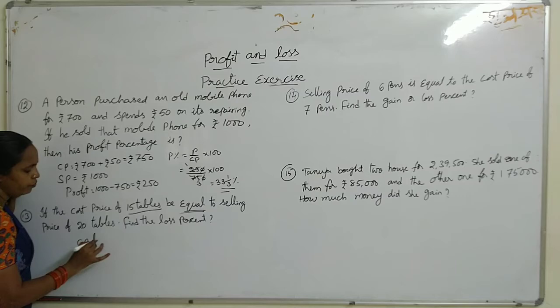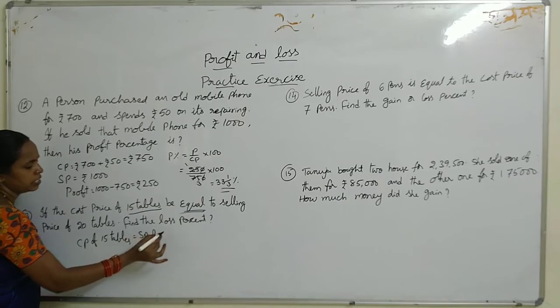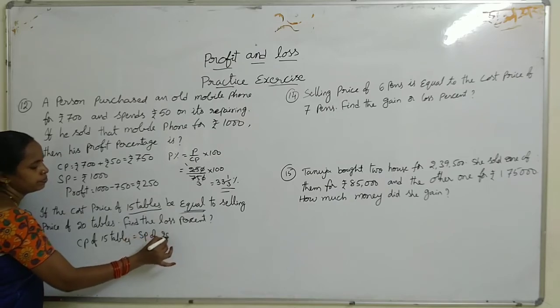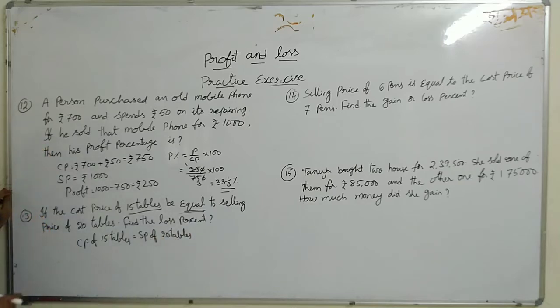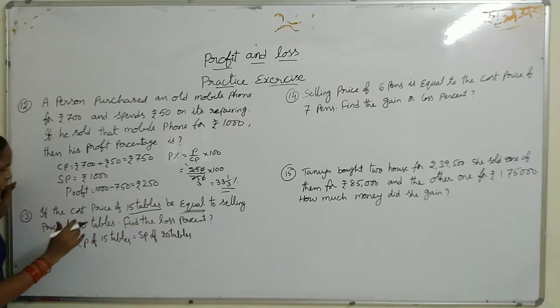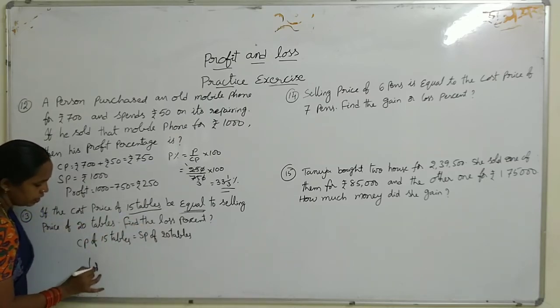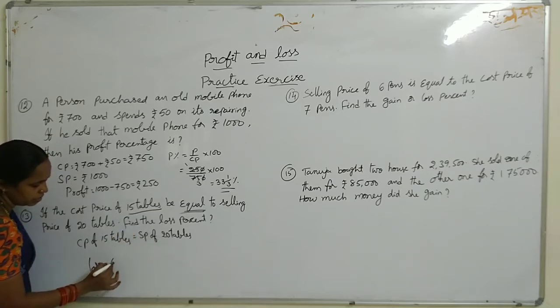That means CP of 15 tables equal to SP of 20 tables. So here, when bought 15 tables, for the same price selling 20 tables, definitely you will get loss. So loss, how many tables will get loss? That is 5 tables.